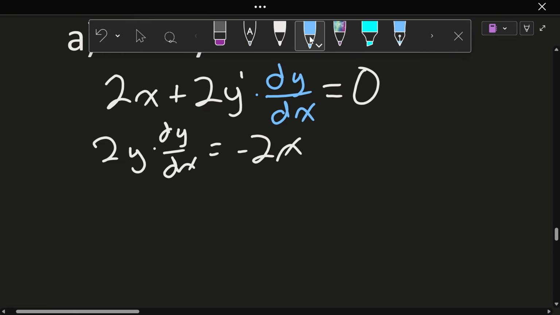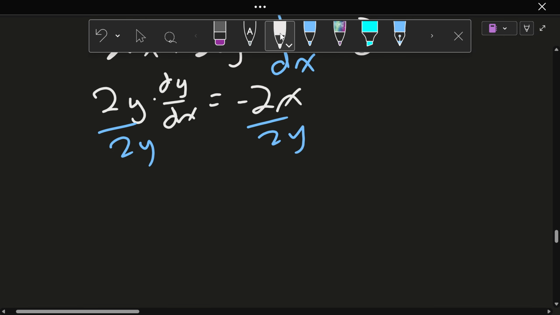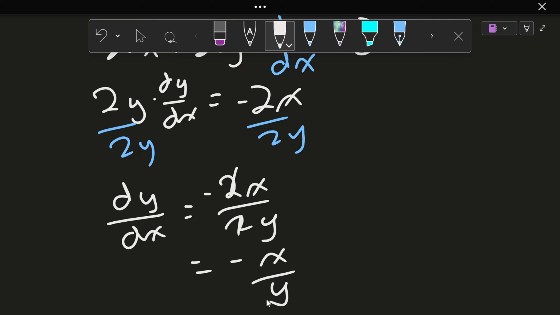We should be remembering, just like we did in some other examples, we can just divide both sides by 2y. So that is going to give me dy by dx is equal to negative 2x over 2y, or we can even just cross out those 2's and say that it's negative x over y.